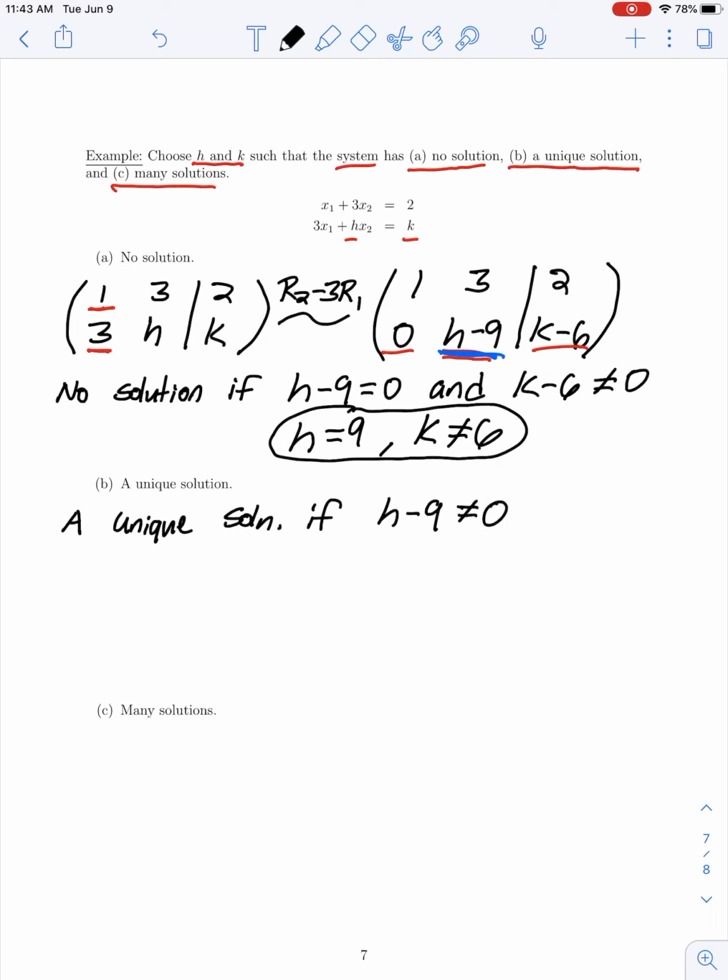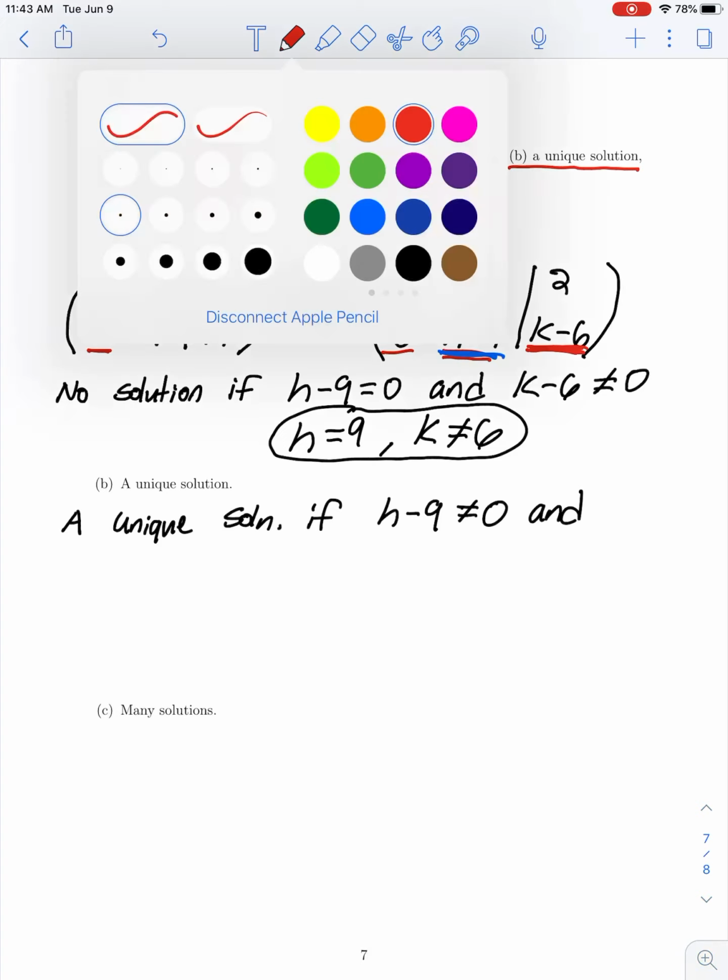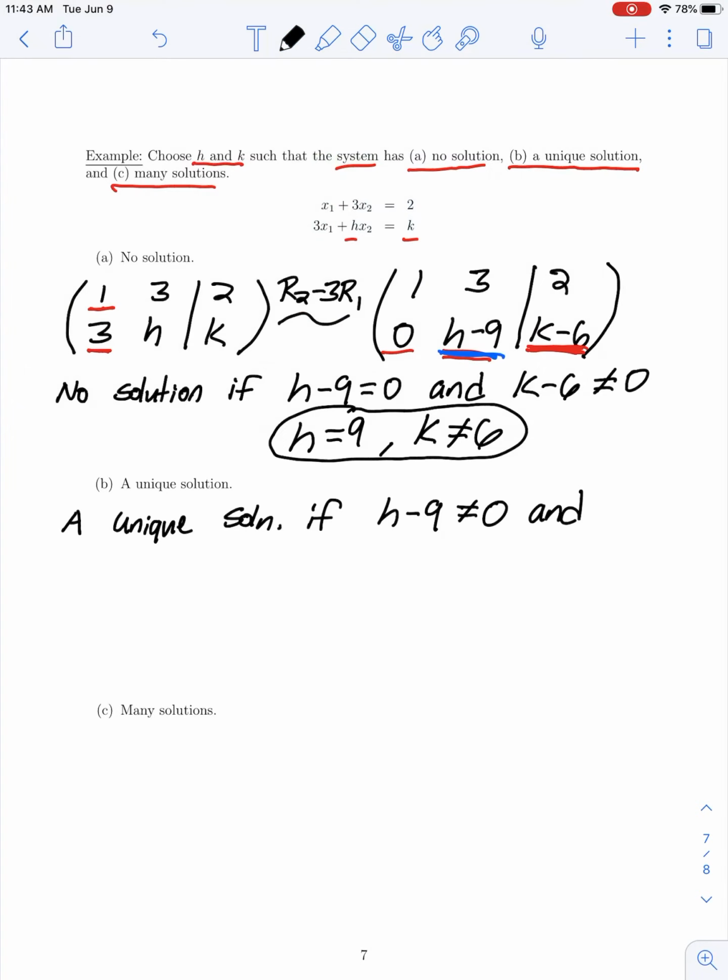So I have to have that bottom right entry in my echelon matrix be something other than 0. So I need h minus 9 to be non-zero. And then as long as that bottom right entry is something other than 0, it doesn't matter what the constant on the right-hand side of our equation is. We could always solve the system regardless of what that constant is. So here, we could say that k minus 6 could be any real number that we want.